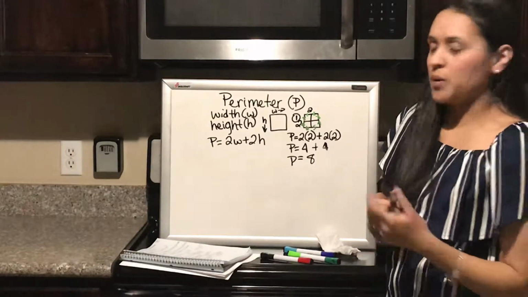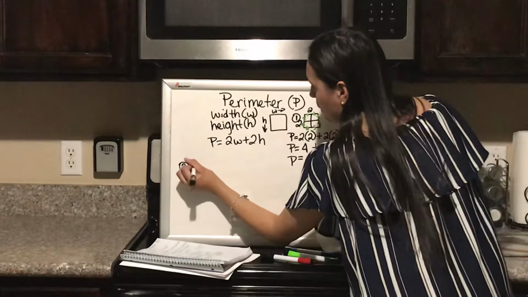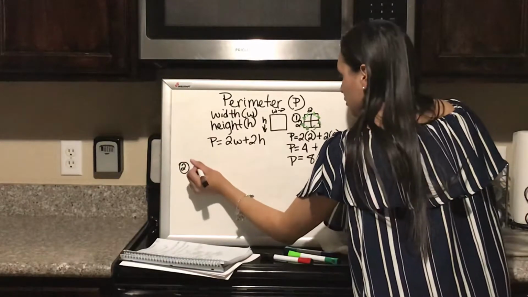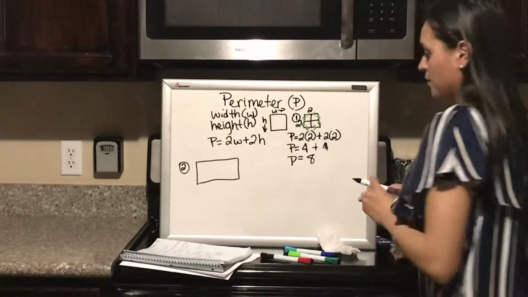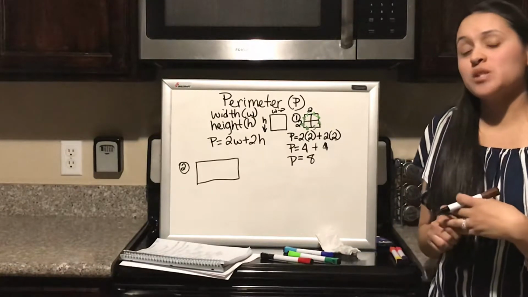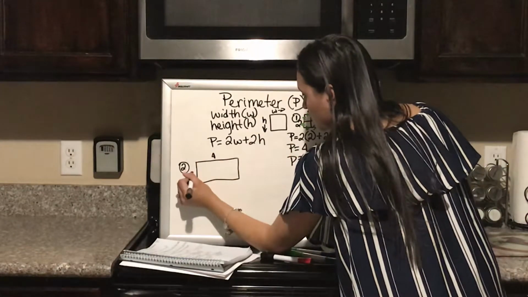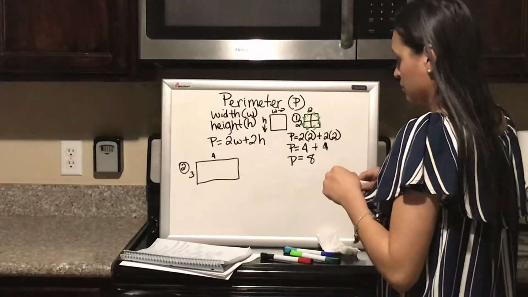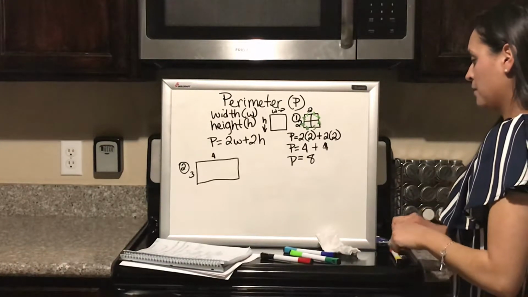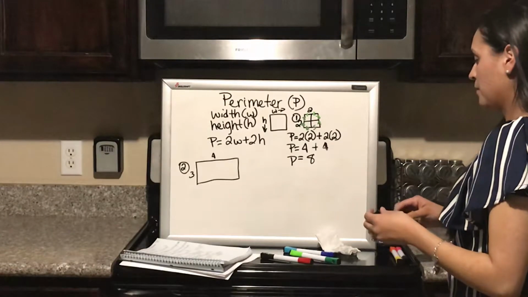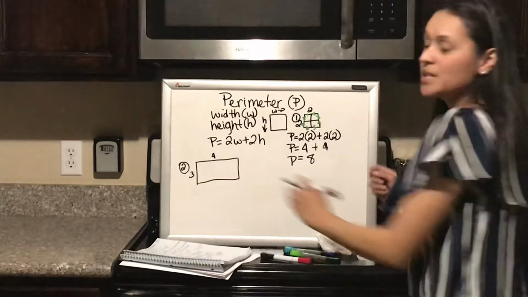Let's do another example with a rectangle. Our rectangle will be 4 units wide and 3 units tall. So we can plug these measurements into our formula.